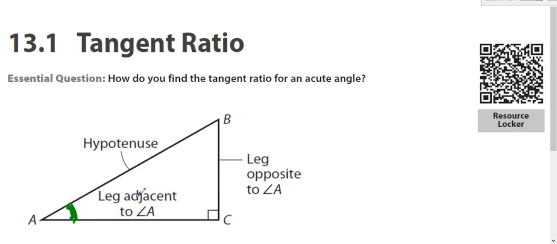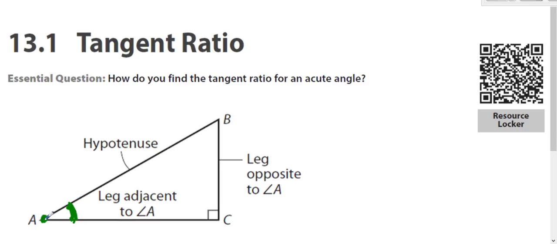The adjacent side, adjacent just means next to. There are two sides that it's next to, but one of them already has a name, the hypotenuse. The other one is the adjacent side. You can also always identify the adjacent side by looking at the angle that we are referring to, in this case angle A, and the right angle.